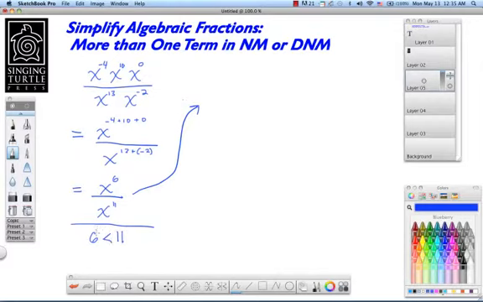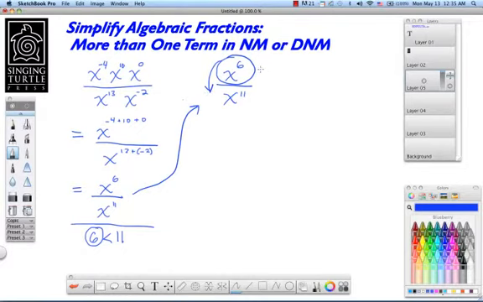Well, obviously 6 is smaller, so that's the term we're going to move. So let me set that up so you can see how it works. We've got x to the 6th in the numerator, x to the 11th in the denominator. We move the one with the smaller exponent, the x to the 6th. I circle it and draw an arrow showing we're going to move it down.